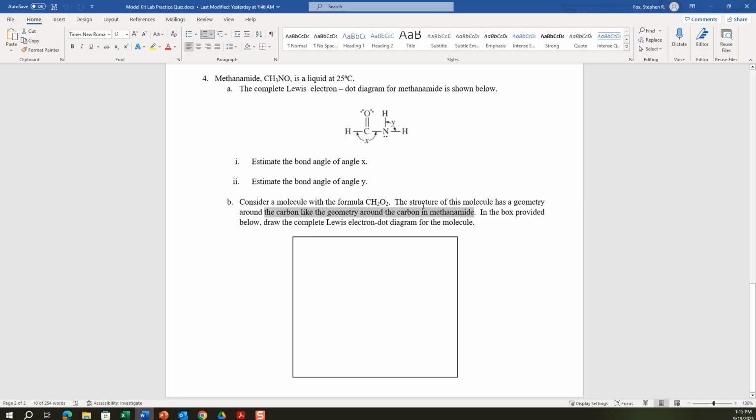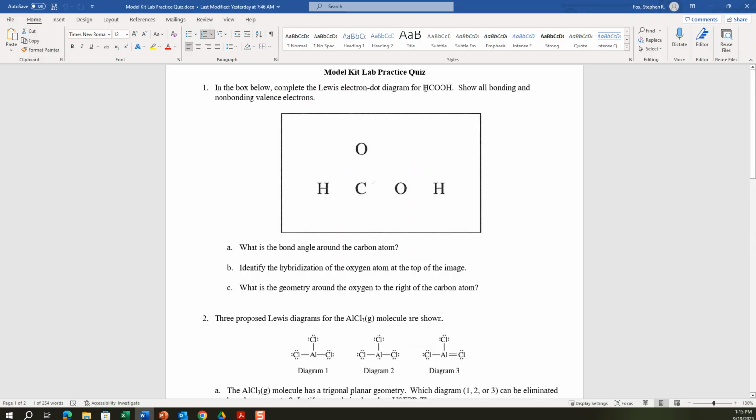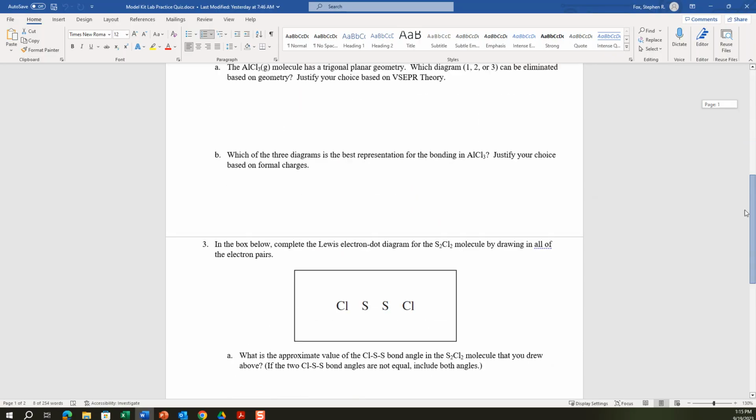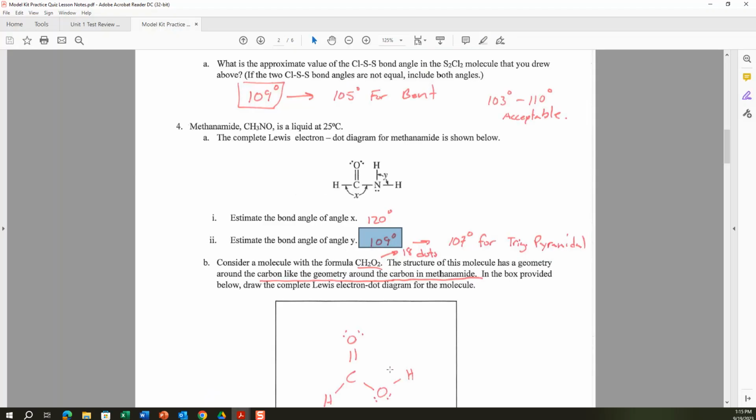So another thing to watch out for is this is the same exact formula as this. It's just written differently. So guess what? It's going to be the same exact structure. But understand what they gave you here. They told you that it has the same geometry.